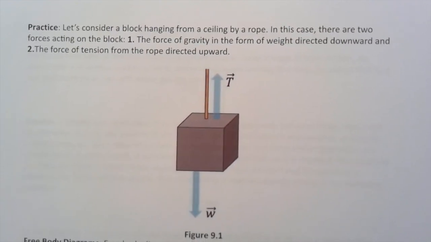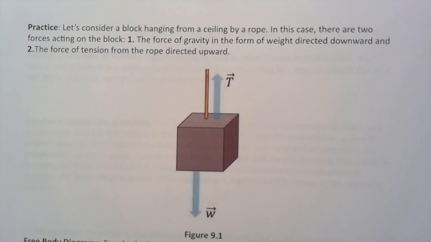So just to practice what we just learned, if I'm explaining a situation where a block is hanging from a ceiling by a rope, what two forces would be felt by the box? As I said, gravity always will be functioning, and it's always going to be exerting forces on objects.